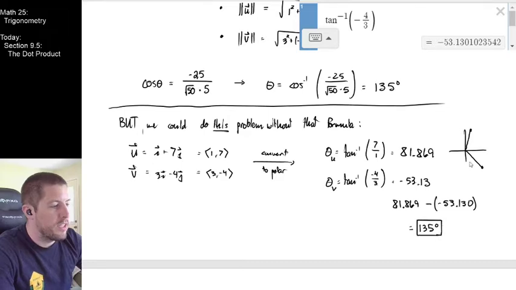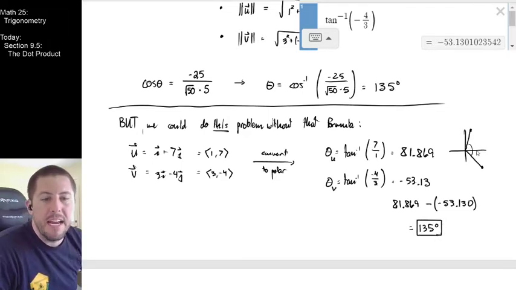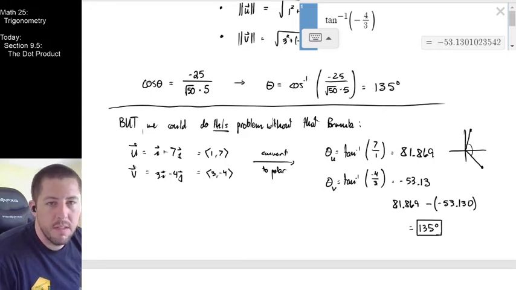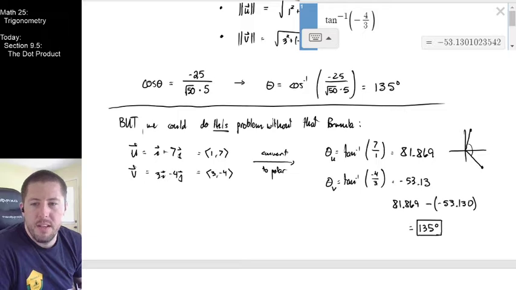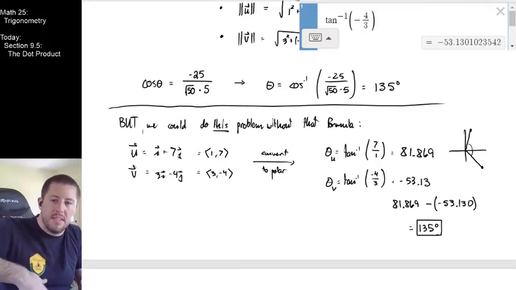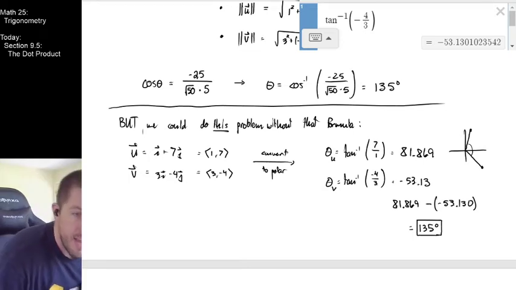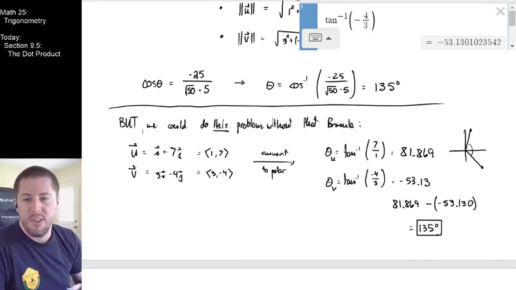So we could have literally just found the angle between them by computing both of their individual angles in polar form and finding how much angle was between them by doing a little bit of addition or subtraction. I guess subtraction in this case, the upper one minus the lower one, which happened to be negative, and it gave us exactly 135 degrees.